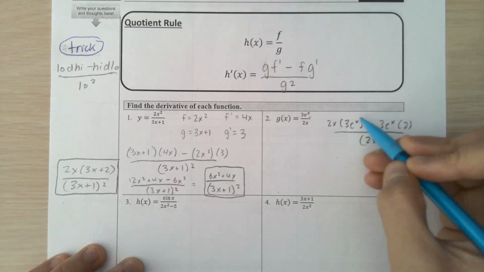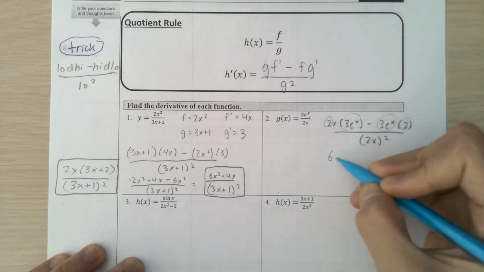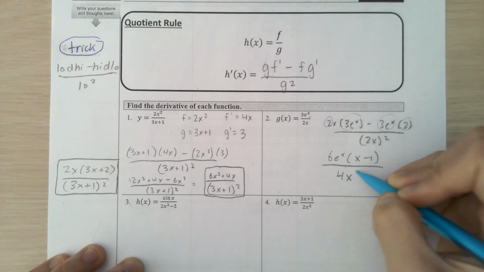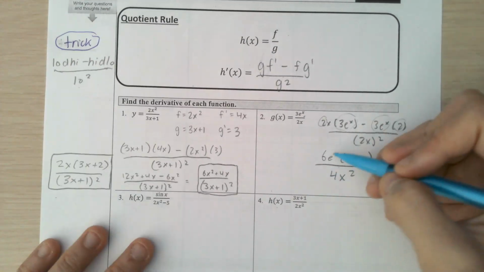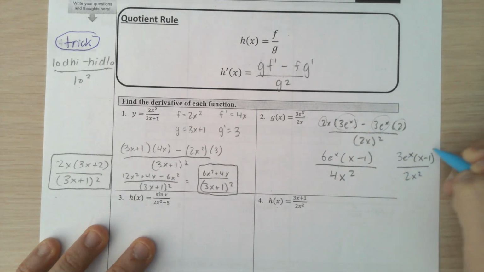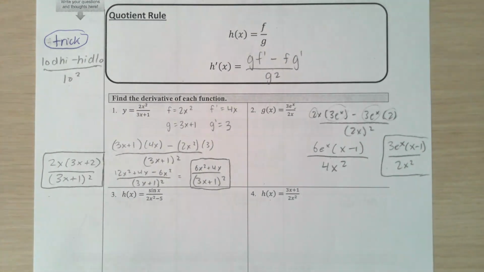They both have this 3e to the x, and they both have a 2, right? So we're going to pull out a 6e to the x. We're left with x minus 1 all over 4x squared. And then we could reduce this to 3e to the x, x minus 1 all over 2x squared. So that's the same as what a lot of you got, just a little simplified more.